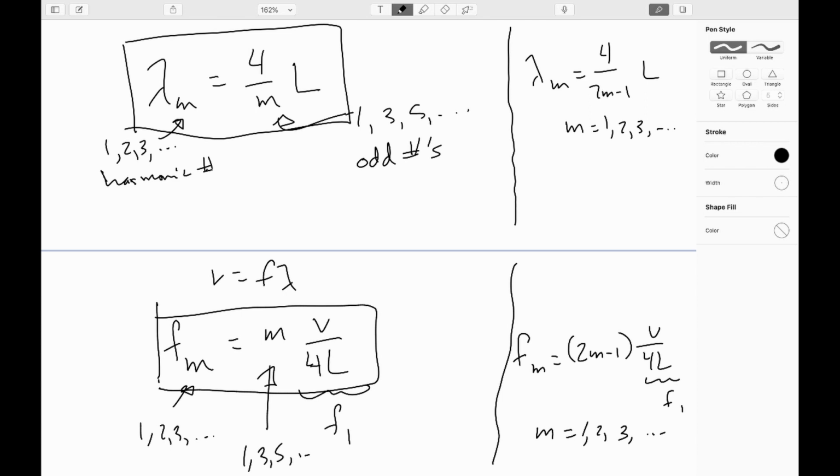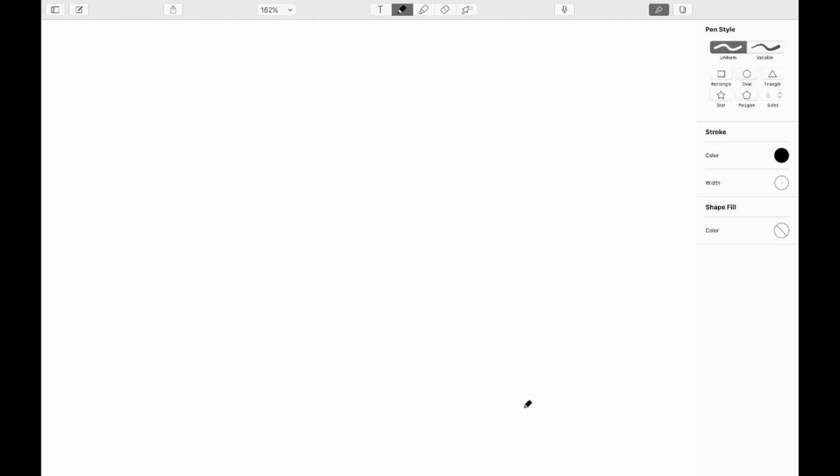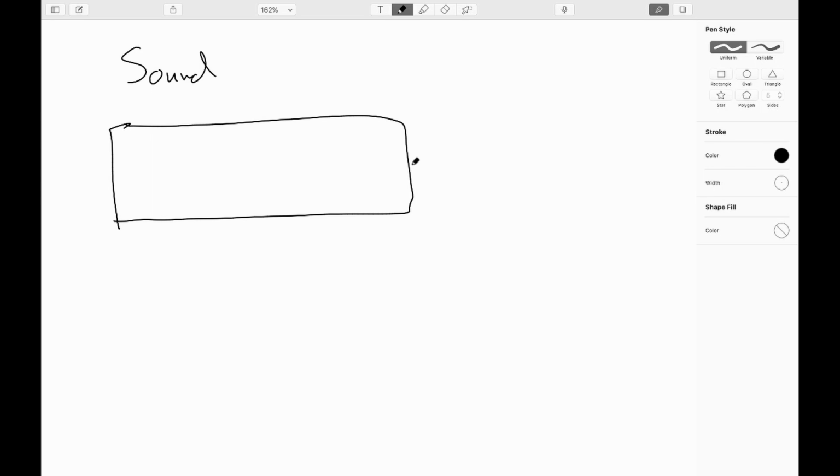So this can be done as a design feature. For instance, with sound waves, the way you get your standing waves is if the end is closed. So say if you have a pipe where both ends are closed, that's the same difference as fixed.